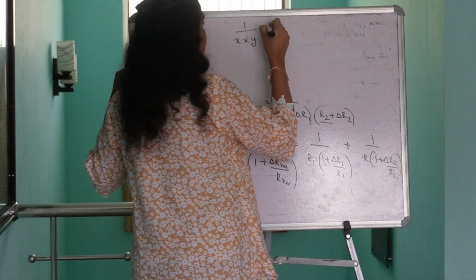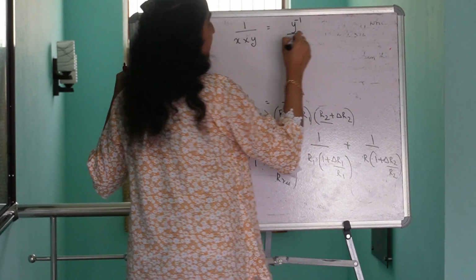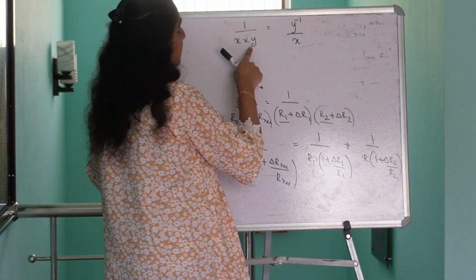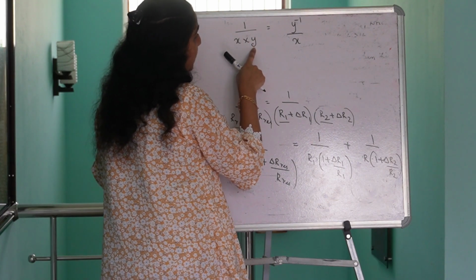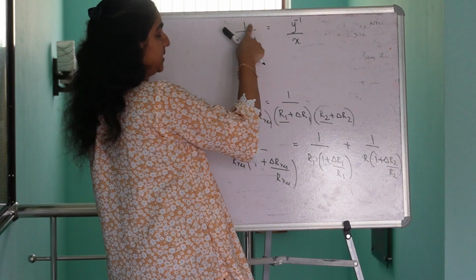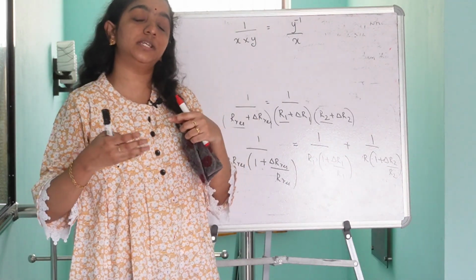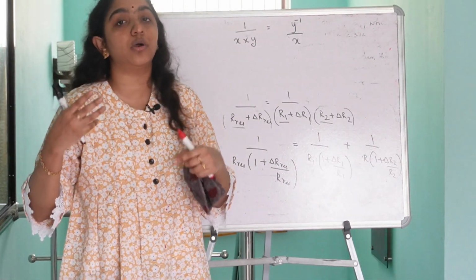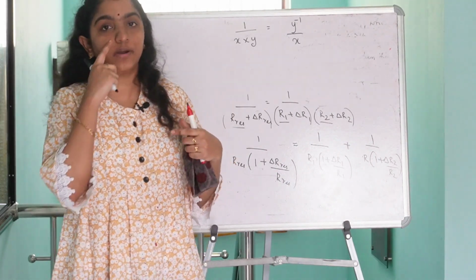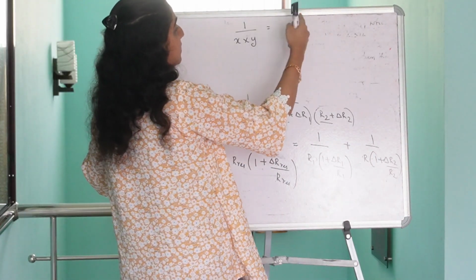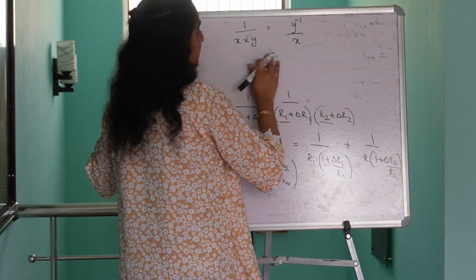We can write this particular term as y inverse divided by x. I brought the term y in the denominator to the numerator. When we bring a term from numerator to denominator or from denominator to numerator, we have to inverse the power value. Say for example, if suppose it is given y divided by x.